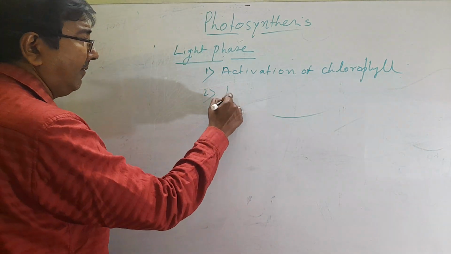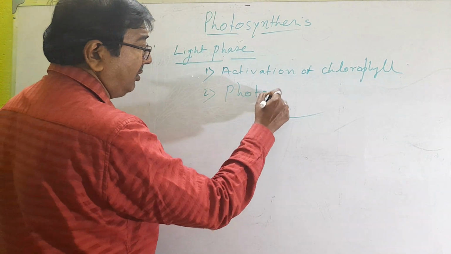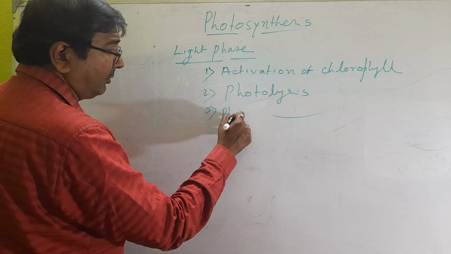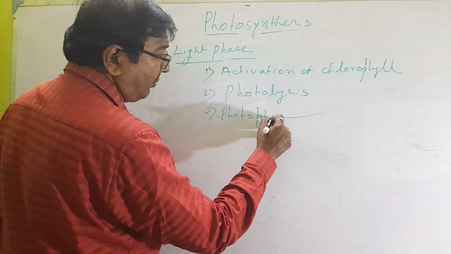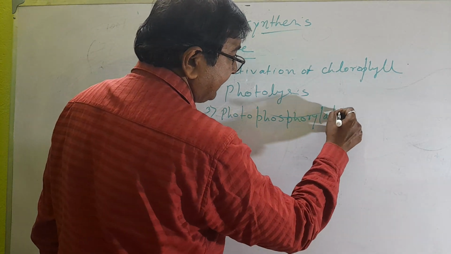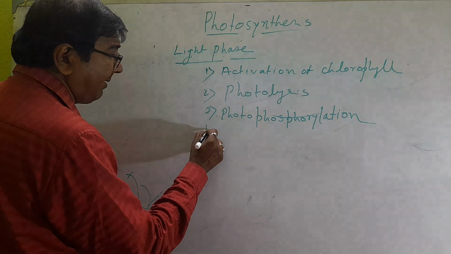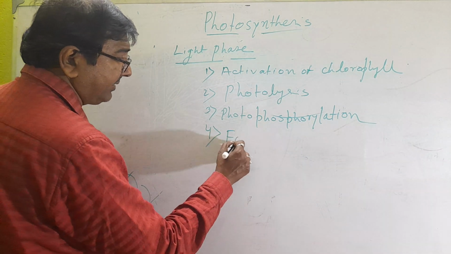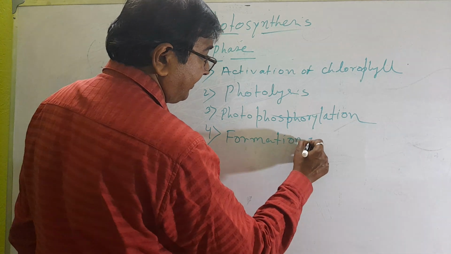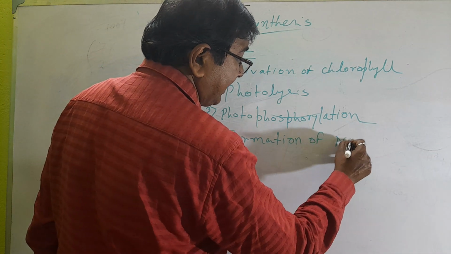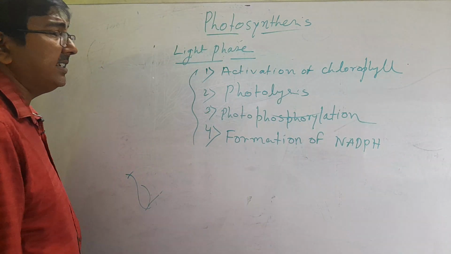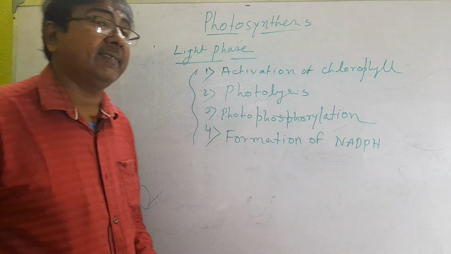Number 2, photolysis. Number 3, phosphorylation. Number 4, formation of NADPH. These are the main incidents that occur in the light phase.